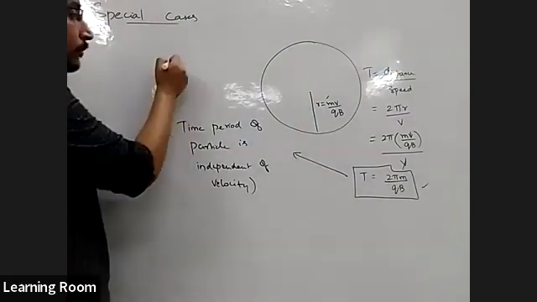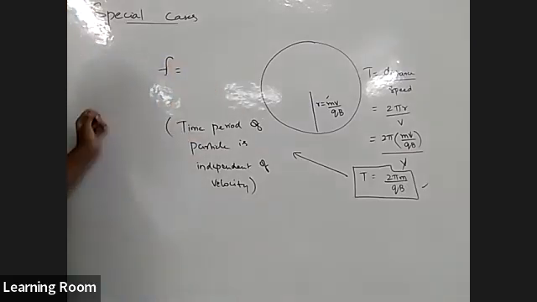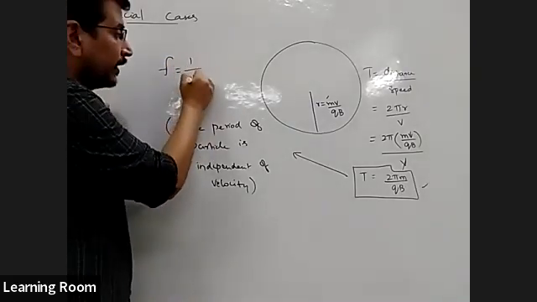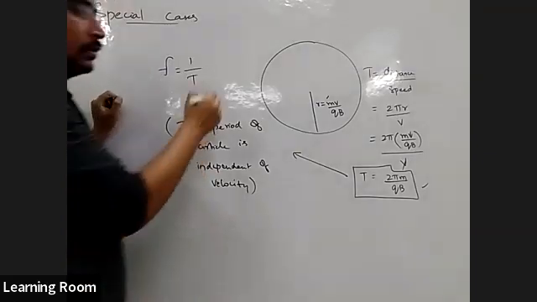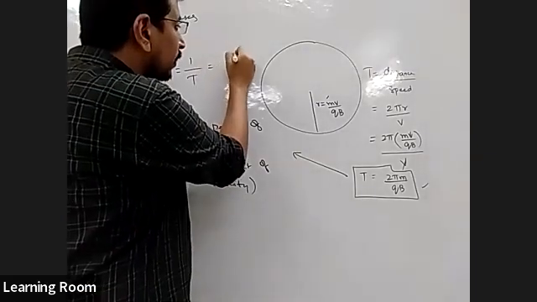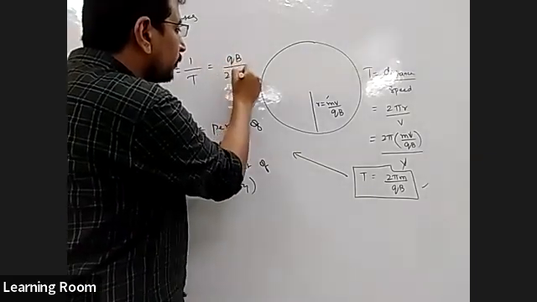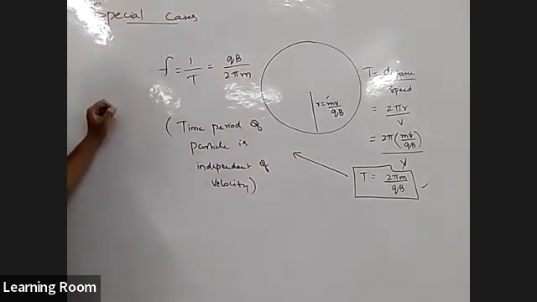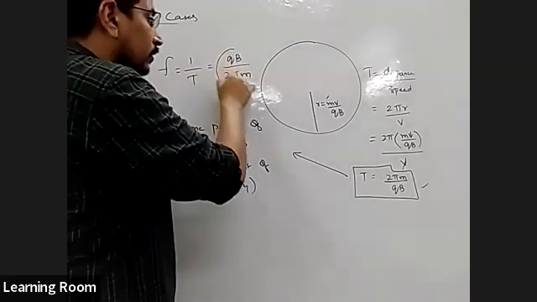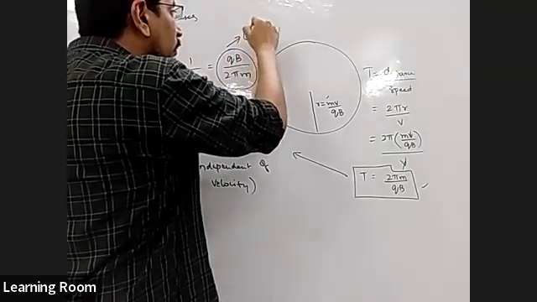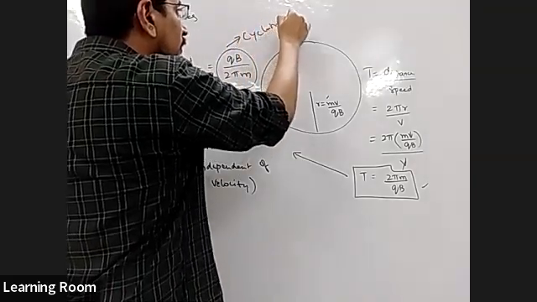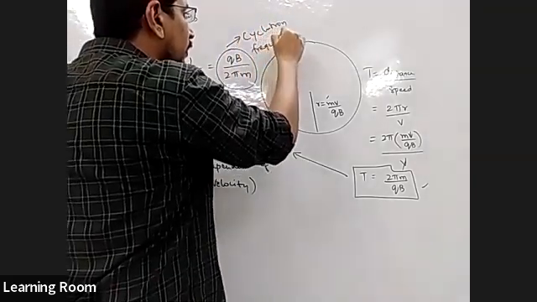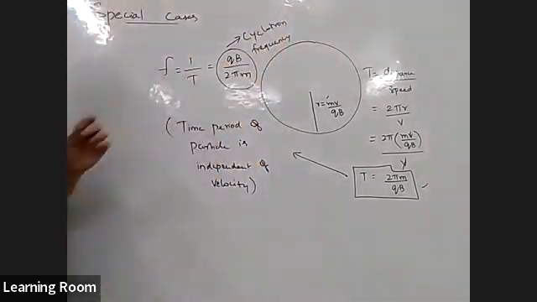But if I write the same thing in terms of frequency, what is frequency, guys? 1 divided by capital T. So 1 divided by T means, can I call this qB divided by 2 pi m? What is this called? This is what is called cyclotron frequency.